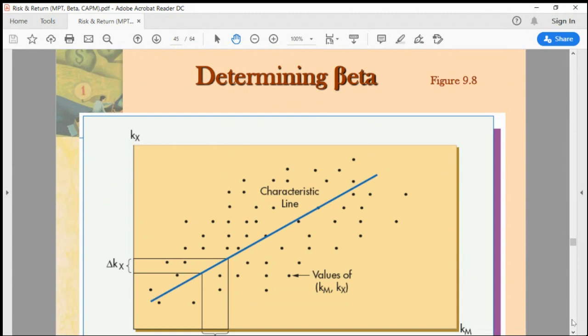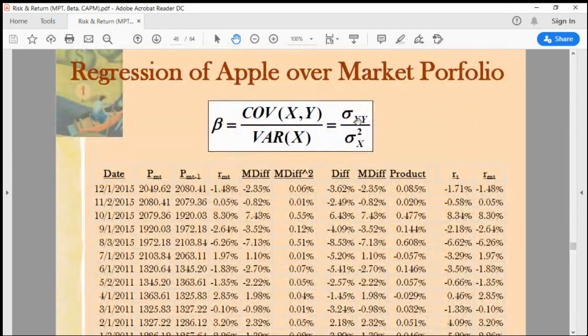And you might wonder, oh, isn't that the same thing? Aren't we talking about x and y? No, here the difference is, although I use x and y, x is the market return and y is the individual stock's return.